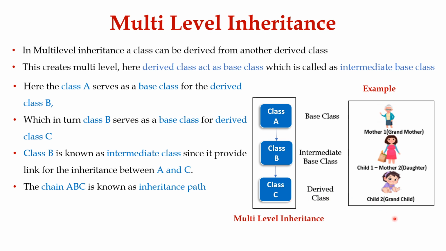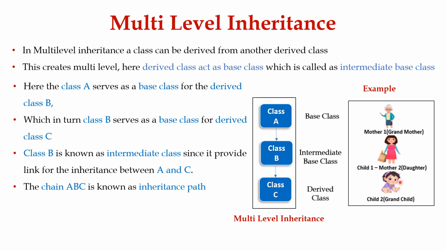Now let's have a real-time example for multi-level inheritance. We all know the relationship between grandmother, mother, and child. So the same example is being considered here. Grandmother is called class mother 1, which serves as a base class for the derived class child 1, which in turn serves as a base class, that is mother 2, for the derived class child 2.